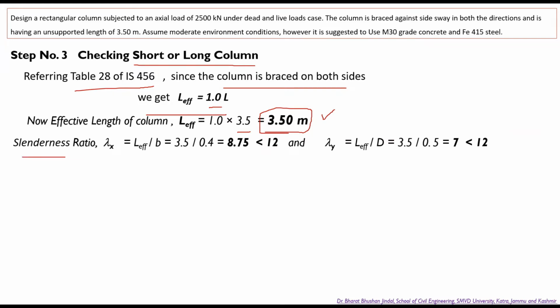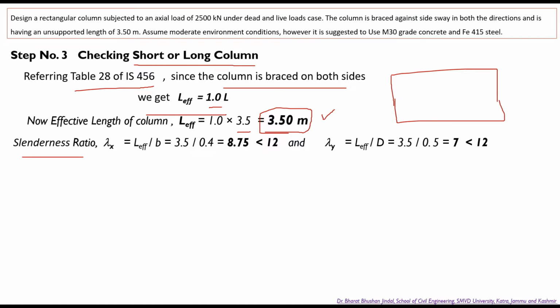Now we have to check the slenderness ratio in both directions, since the section we have chosen, maybe 400 by 500, has one dimension along the x-axis and another along the y-axis.